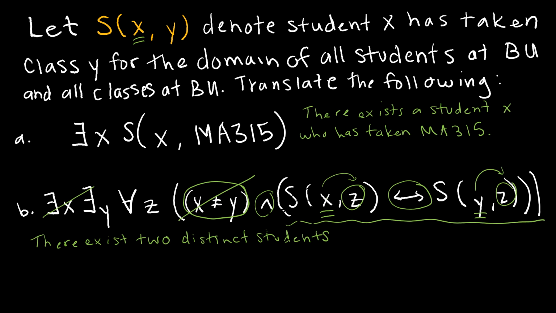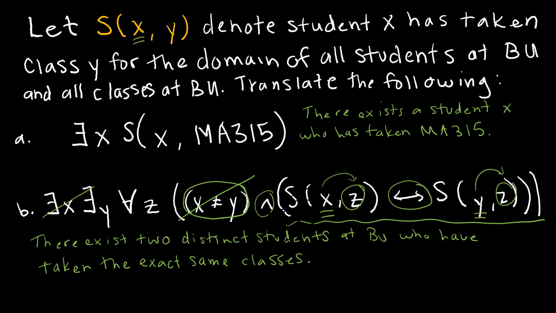So there exist two distinct students at BU who have taken the exact same classes. Because essentially what I'm saying here is x has only taken it if y has taken it, and y has only taken it if x has taken it, which means they have to have only taken the exact same classes.